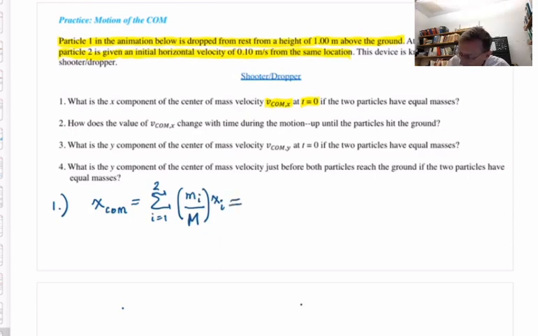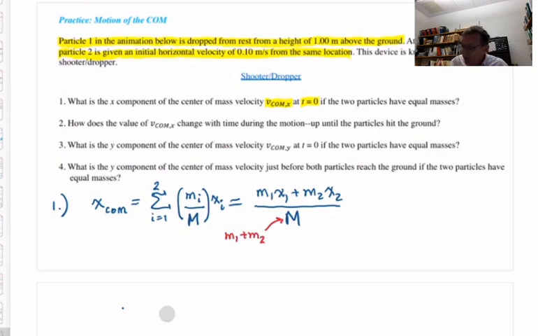It means take m1 times x1 plus m2 times x2 and divide it by the total mass, big M, where that just means big M is m1 plus m2. Okay? All right, that's how you would find XCOM, and we could figure that out if we were asked to.